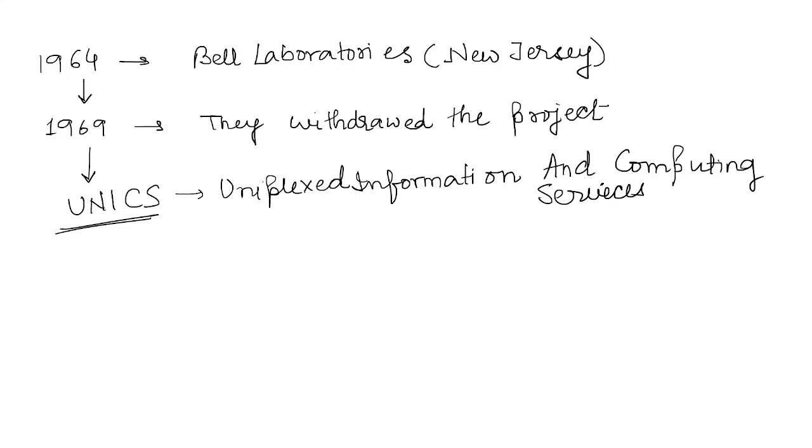This is UNICS, Uniplexed Information and Computing Services. But in 1975, a different version, Version 6, came into the market and became quite popular. So there are multiple flavors of Unix available at that time as well. Can you name two? One example is a very commonly used flavor of Unix.